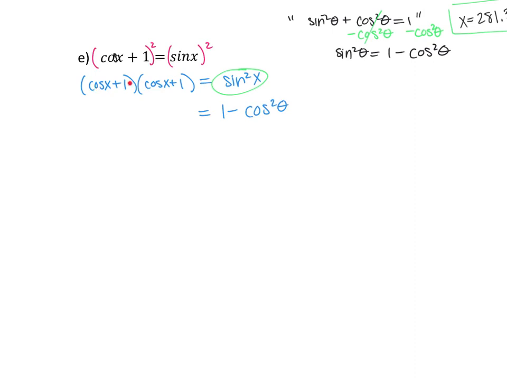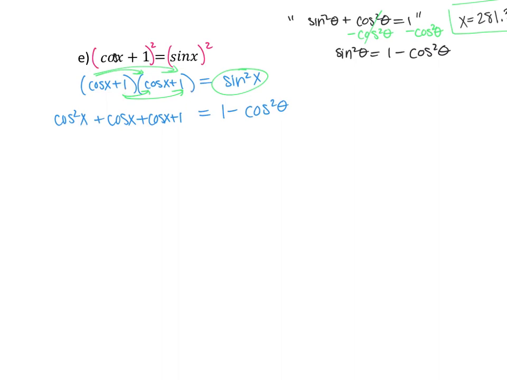And so I'm going to FOIL this part out, and you'll see I have everything in terms of cosine now. If I FOIL it out, I get cosine squared x plus cosine of x plus cosine of x plus 1. Cosine times cosine is cosine squared, cosine times 1 is cosine, 1 times cosine is cosine, 1 times 1 is 1.